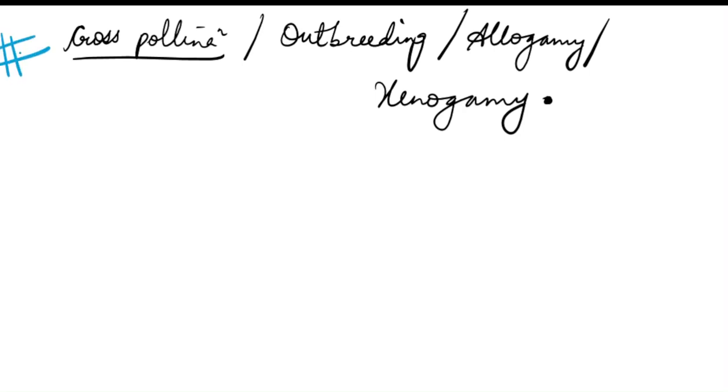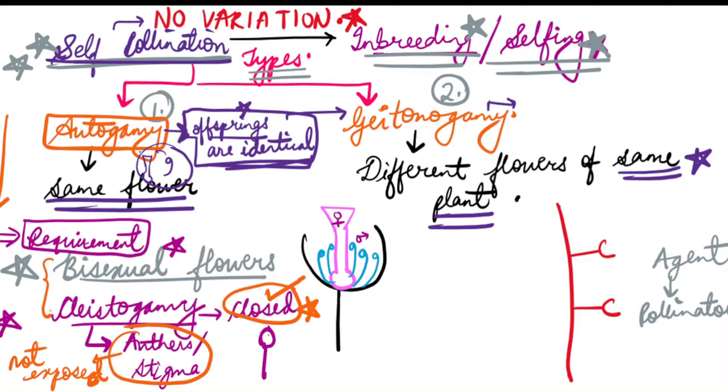In cross pollination, it is occurring between two different plants. Some requirements must be there for cross pollination. One thing I should say: in autogamy, there is no need of a pollinator because it is occurring in the same flower.